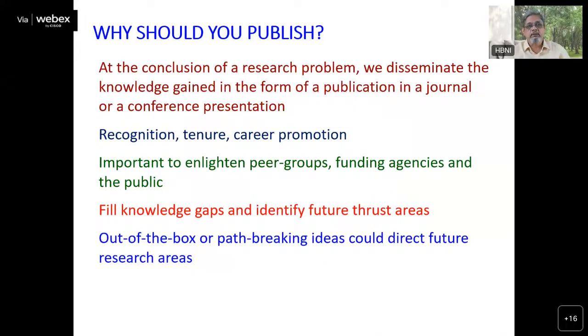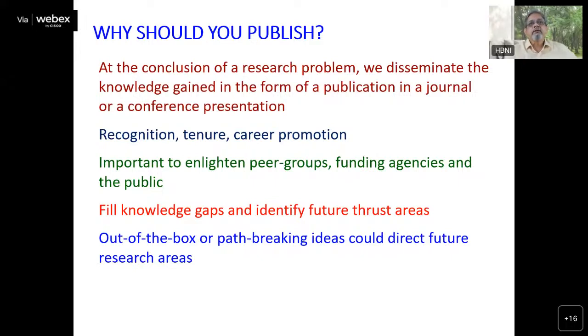Going back to the same point, why should you publish? At the conclusion of any research problem, we would like to disseminate the knowledge. I say disseminate because either you send it to a journal for publication, or you may be interested in presenting it at a conference, or in some other manner you wish to bring out the results of your research.